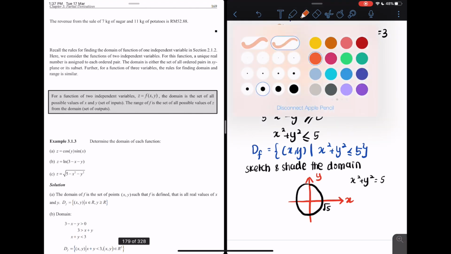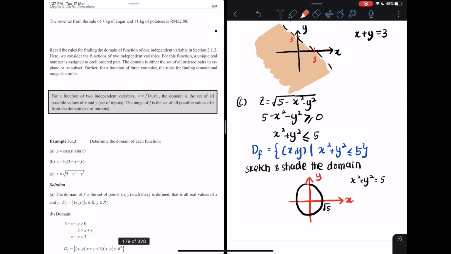So I want to sketch and shade the domain. Basically, this is where I should shade the domain.